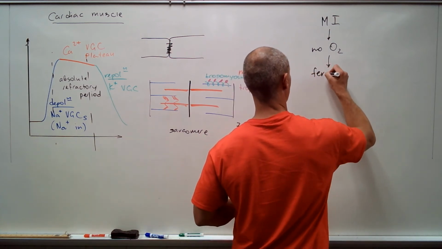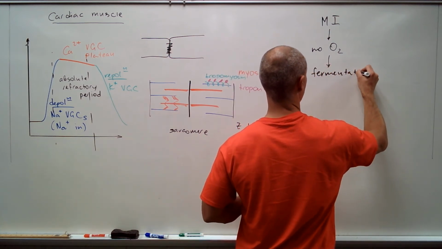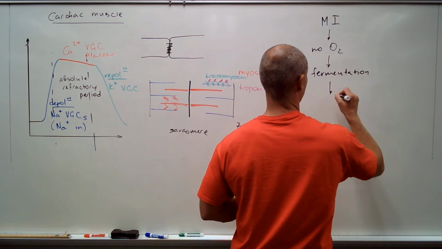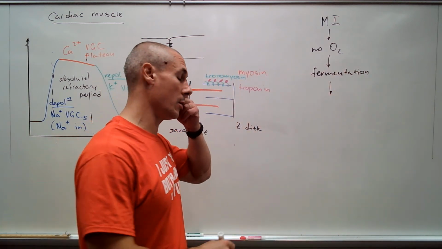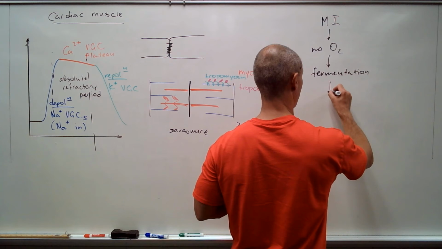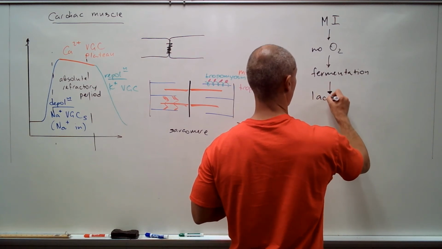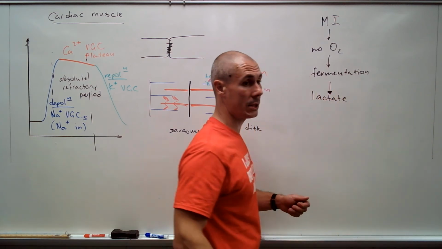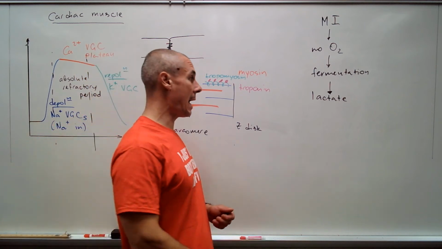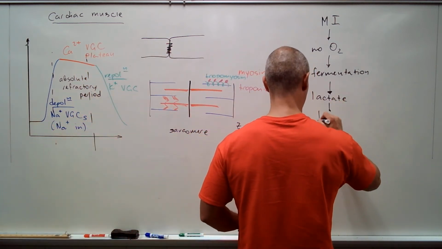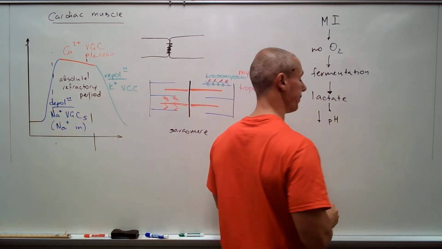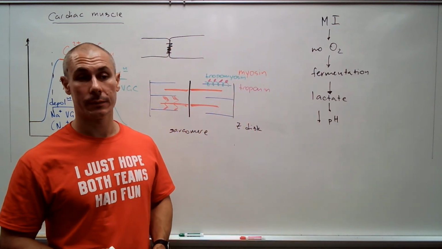So, fermentation. Fermentation results in the production, anyone remembers? Lactic acid. Lactic acid drops the pH in cardiomyocytes.